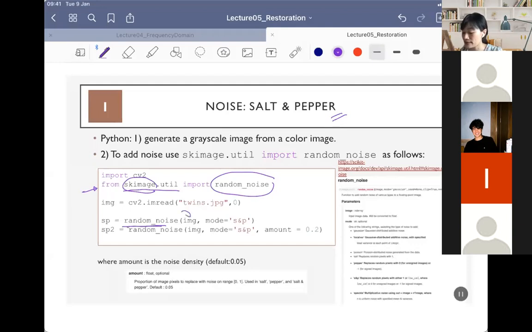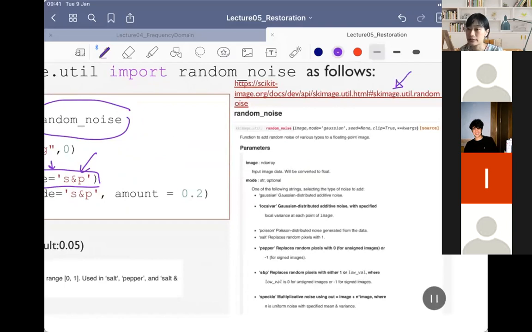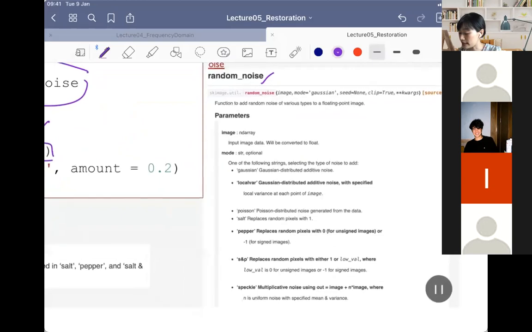You can add it to an image and select the mode, meaning what type of noise you want. For example, s&p means salt and pepper, right? On the right-hand side, I have provided the documentation link for the library, and at the mode parameter, you can select many different types of noise as you wish.